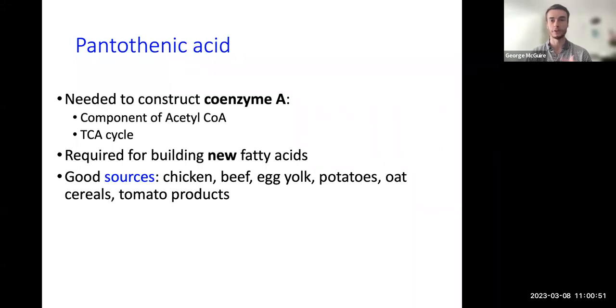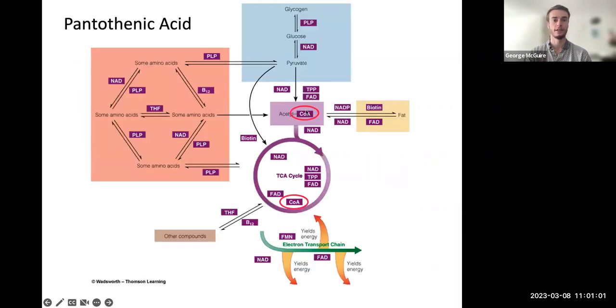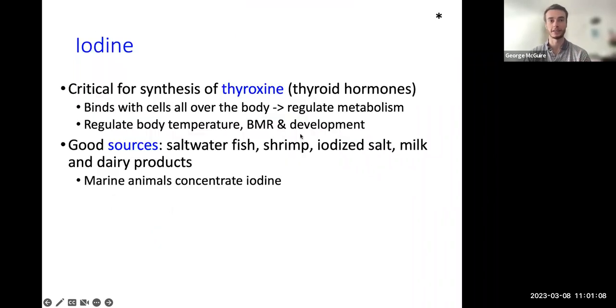It's also required to build new fatty acids in our body. And we get this again from lots of meats, starchy vegetables like potatoes, and our oat cereals, as well as tomato products. So everywhere that you see coenzyme A being used, pantothenic acid is going to be important in producing that coenzyme.